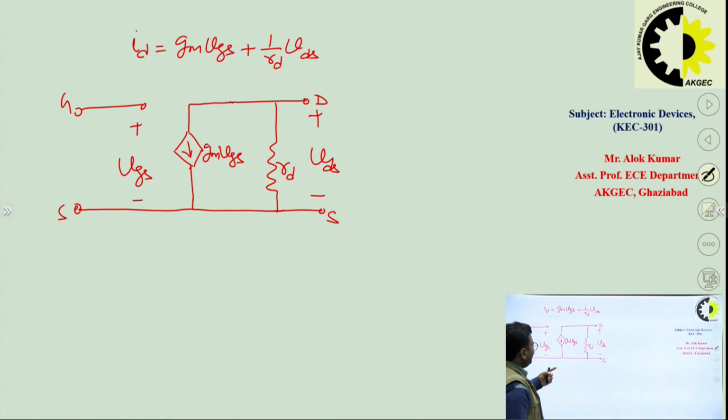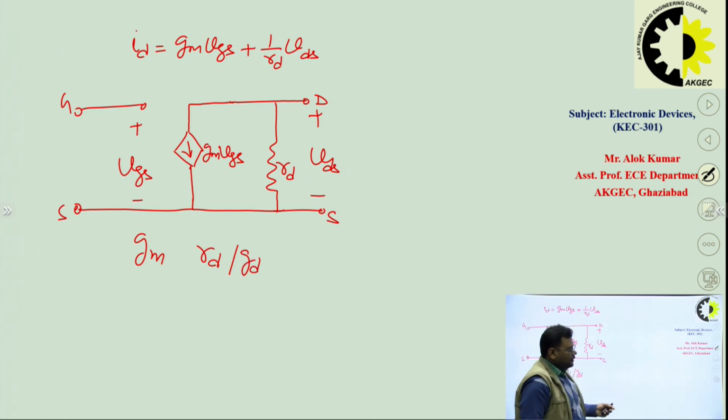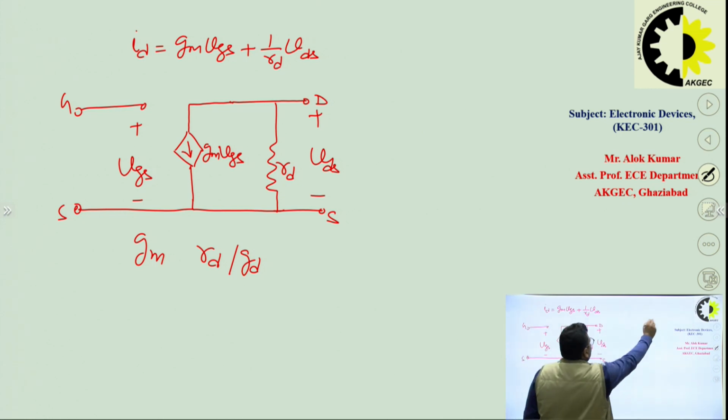Now you can find the value of GM and RD or GD for the linear, or ohmic, region and for the saturation region. For that you have to use the current equations that we have derived.